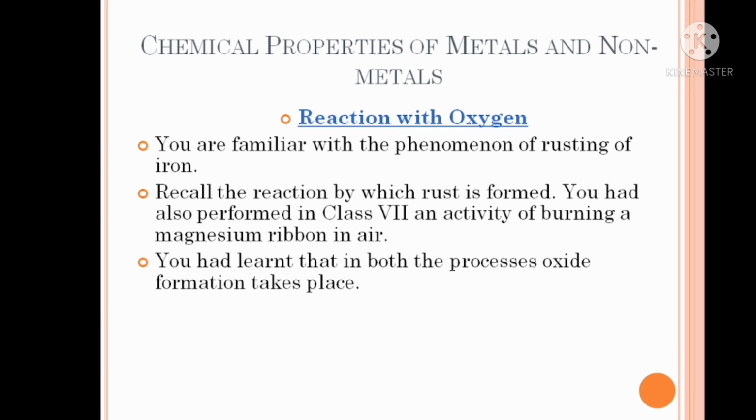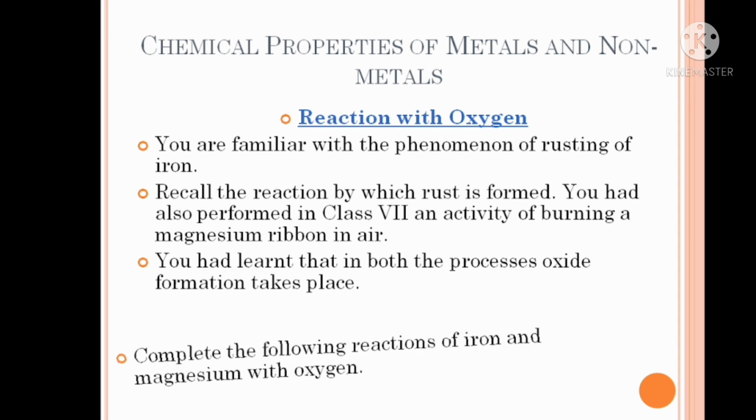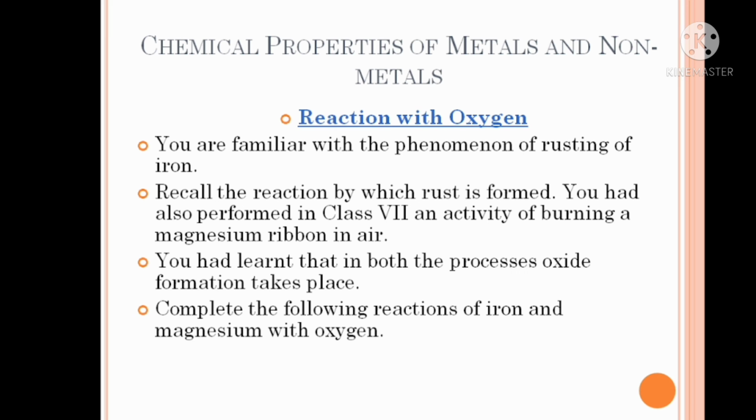You also learned that in both processes oxide formation takes place. So complete the following reactions of iron and magnesium with oxygen. This can only be done in the practical; here it cannot be explained very nicely. If we have a chance, I will also show you in the practical lab.